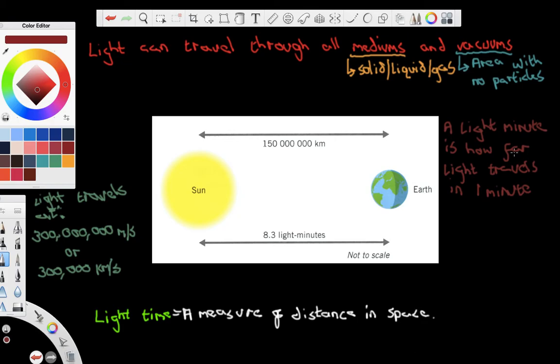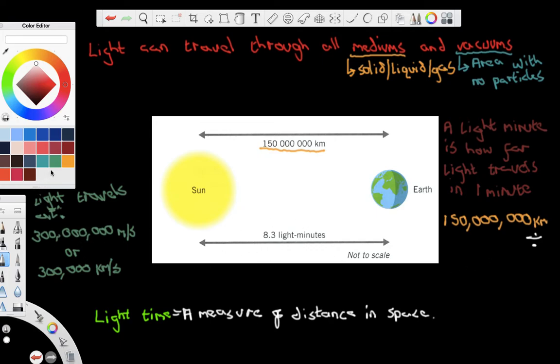And to work that out, we could do 150 million kilometers, which is written here, divided by how many minutes it took, which is down here.